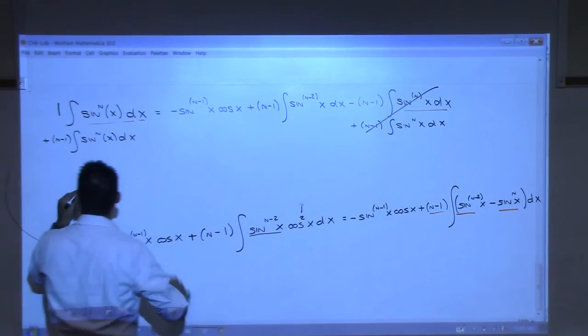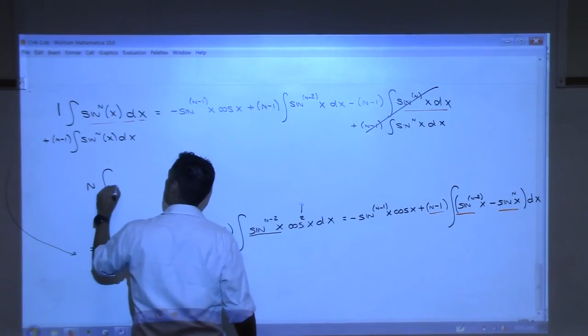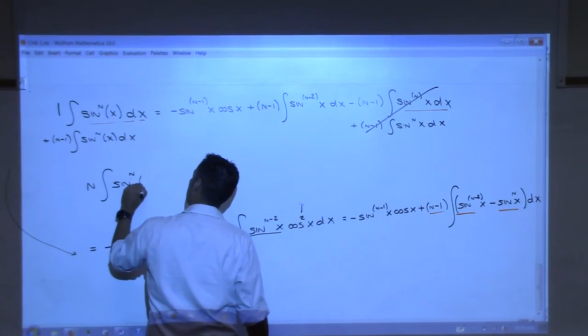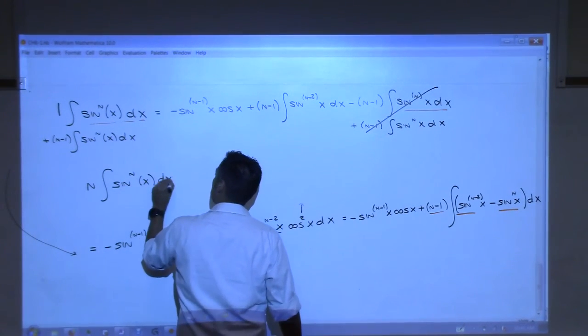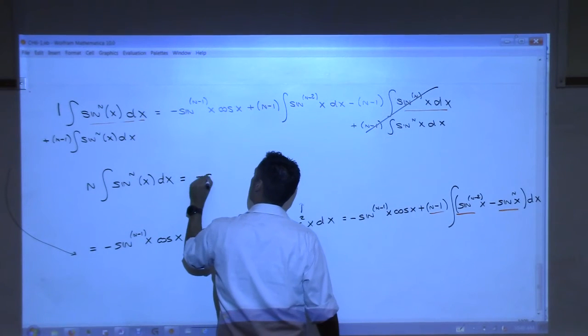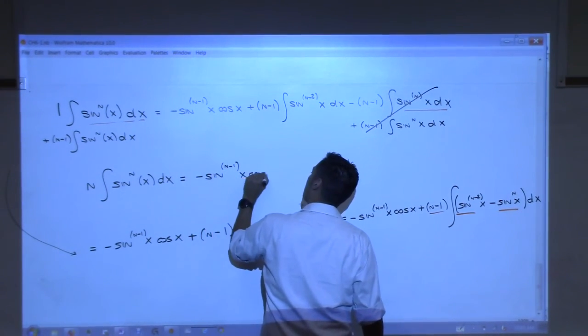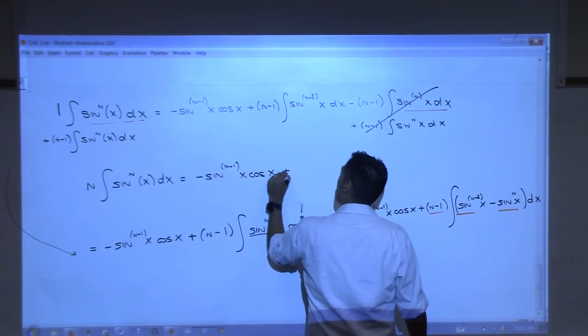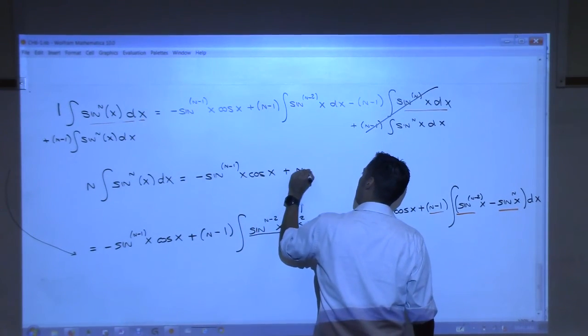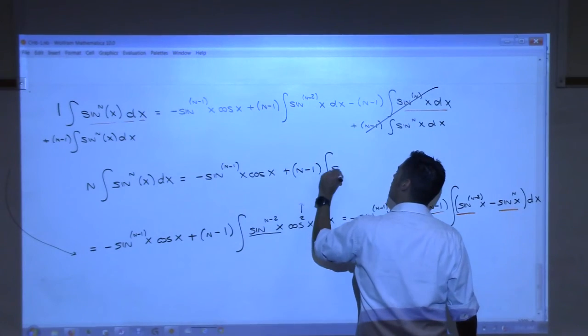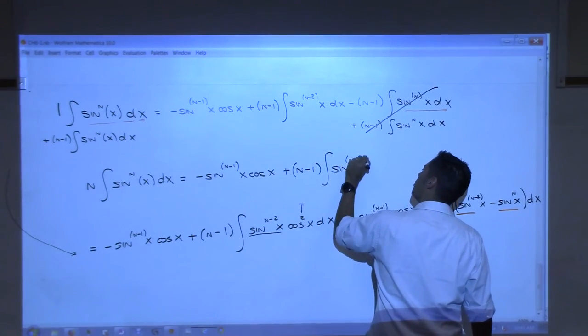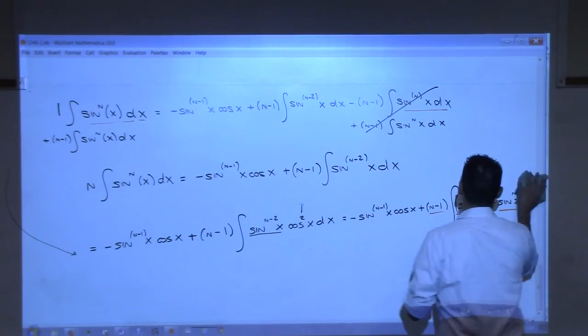So I have n integrals of sine to the n x dx equals negative sine to the n minus 1 of x cosine of x plus n minus 1 integral sine to the n minus 2 of x dx. That's where I am.